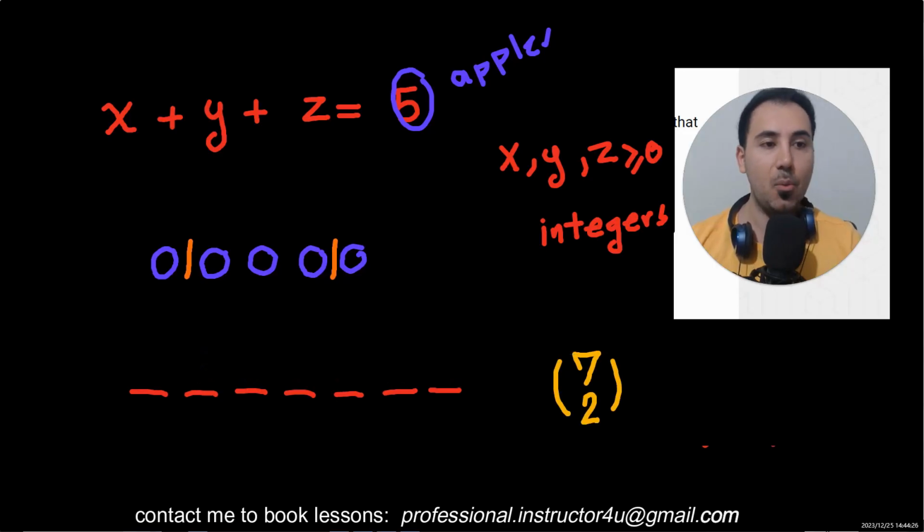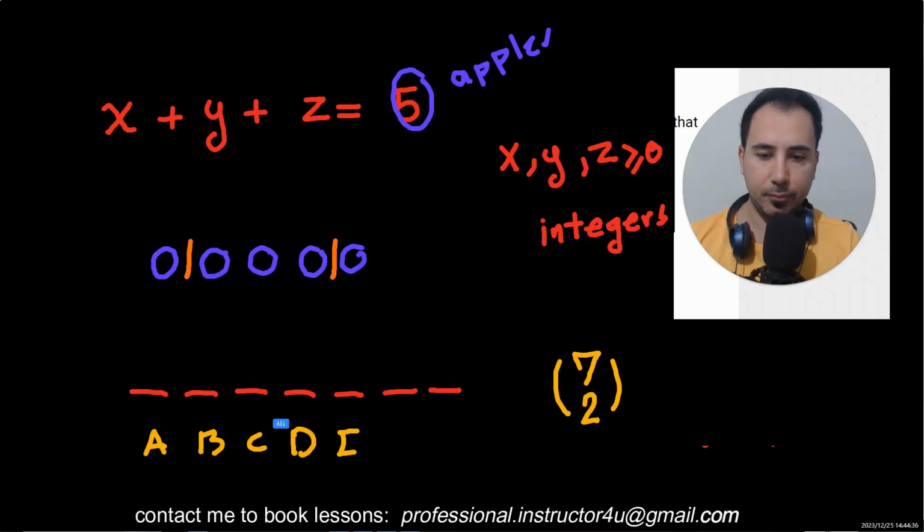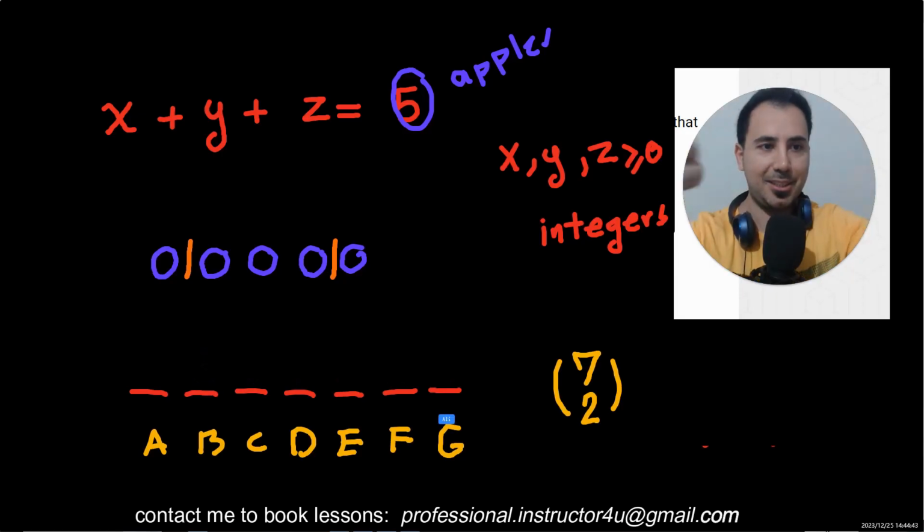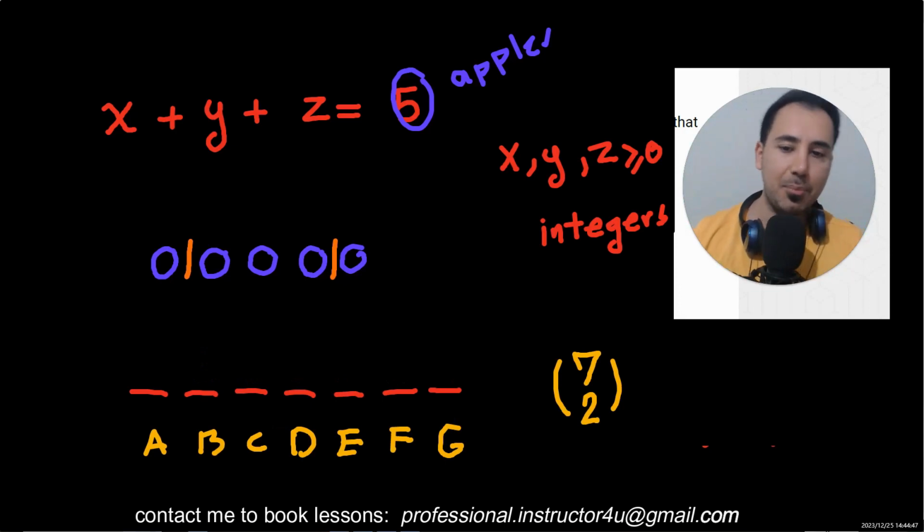That's the answer. Why? Remember at the beginning of the video, I said there are 5 people and we're just going to select 2 of them? Imagine all of these are a letter. Now we have 7 people and you're just going to select 2 of them.